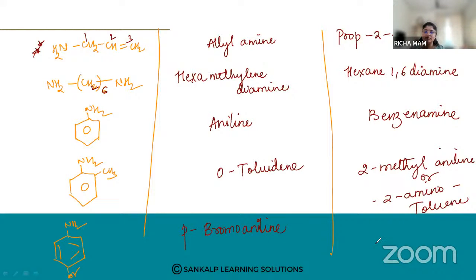So it is 4-bromobenzenamine. Or you can write it as 4-bromoaniline. So this is the IUPAC system. So how to write the IUPAC name? Okay, I hope the IUPAC nomenclature is clear. So let us see the structure of amines.